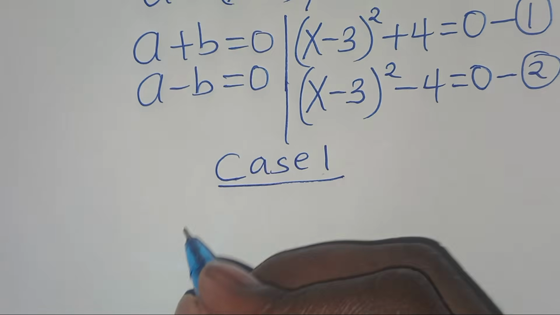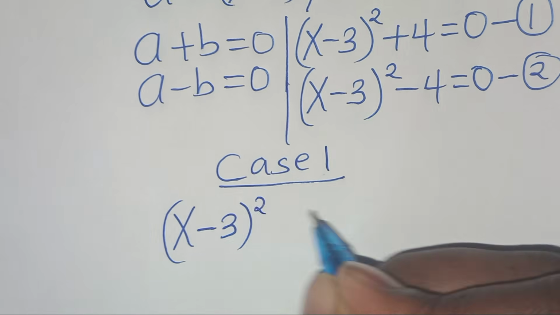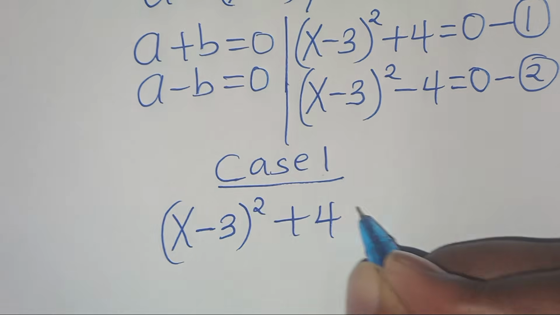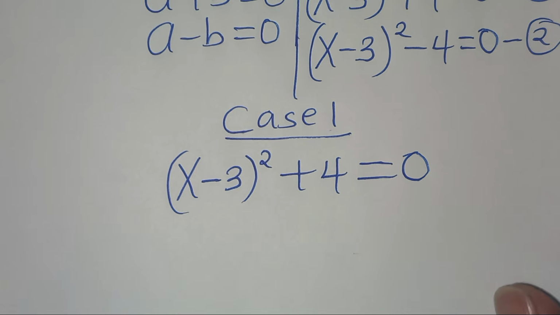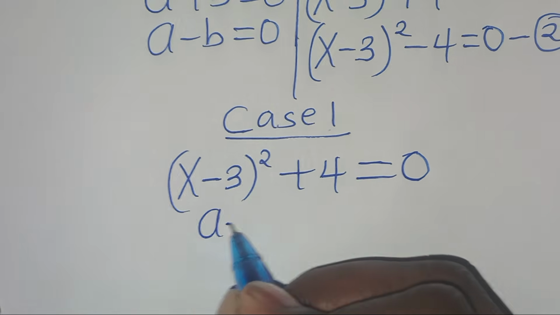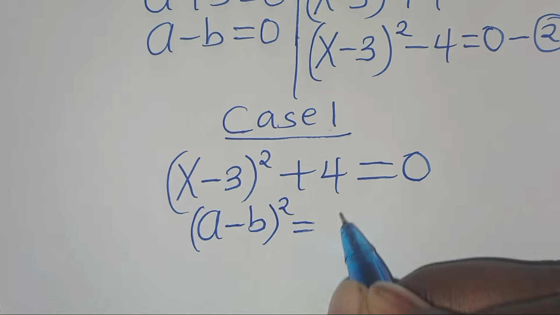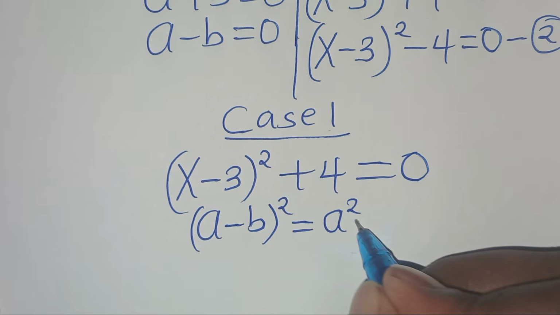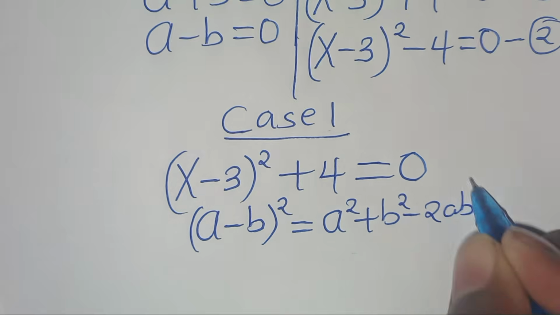So now we have (x - 3)^2 + 4 = 0. Now (x - 3)^2 is in the form (a - b)^2, which we can express as a^2 + b^2 - 2ab.